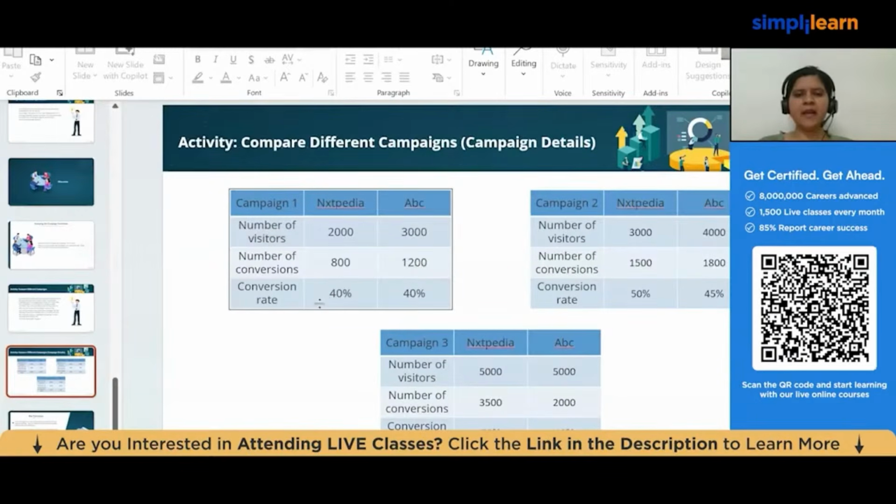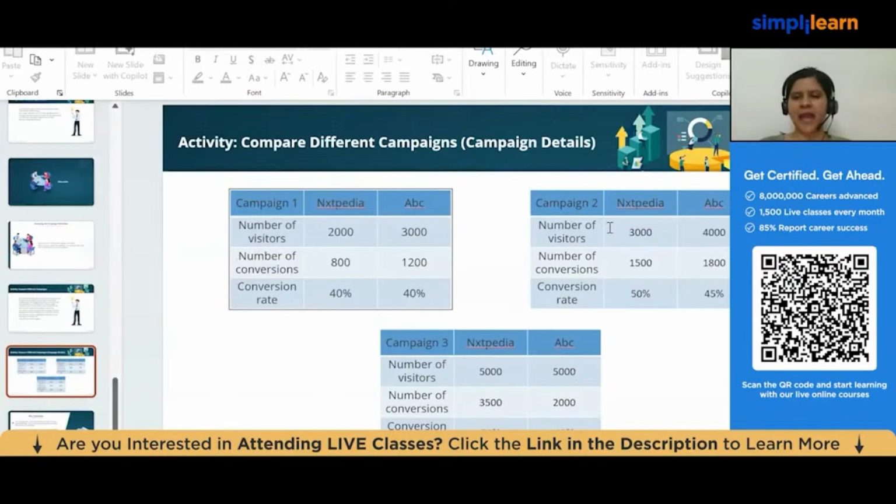Ideally, if you see Expedia and ABC, ABC has performed better than Expedia for campaign 1 because it has a higher number of visitors, and it also has a higher number of conversions, right? The conversion rate is the same, so I'm doing the comparison based on number of visitors and number of conversions.